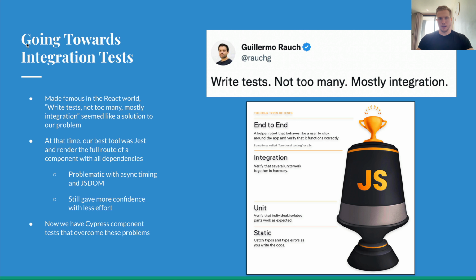At that time, we figured out this middle sweet spot between end-to-end tests and unit tests, which were basically making us black box test the whole application, and we got more confidence in our tests by running integration tests.